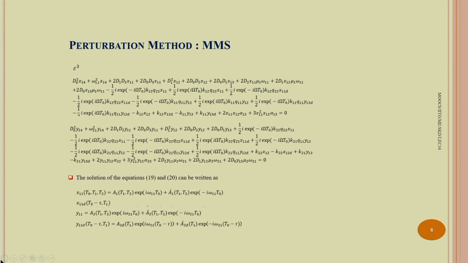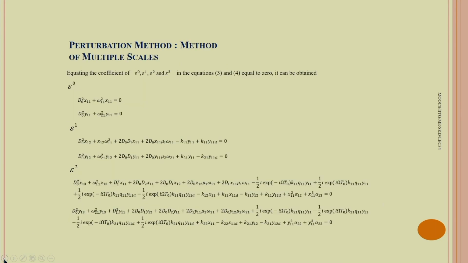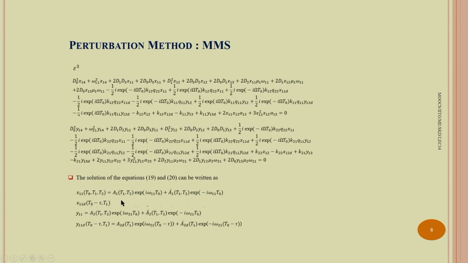Now, the solution of d0 square x11 plus omega 11 square x11 equal to 0, and d0 square y11 plus omega 21 square y11 equal to 0. In this form, it is equal to a1. As a1 and a1 bar are constants, they will not be functions of t0.